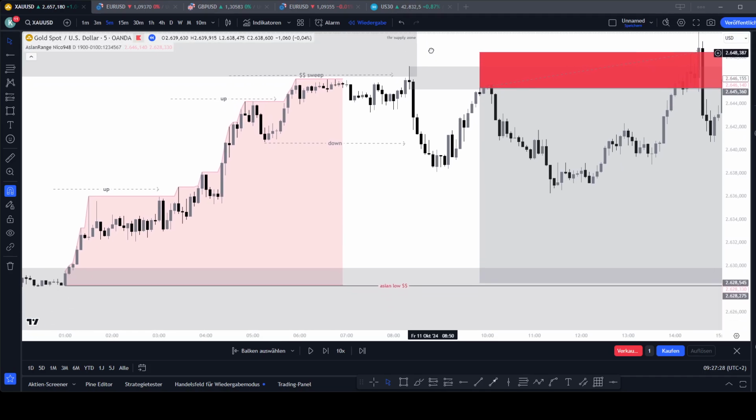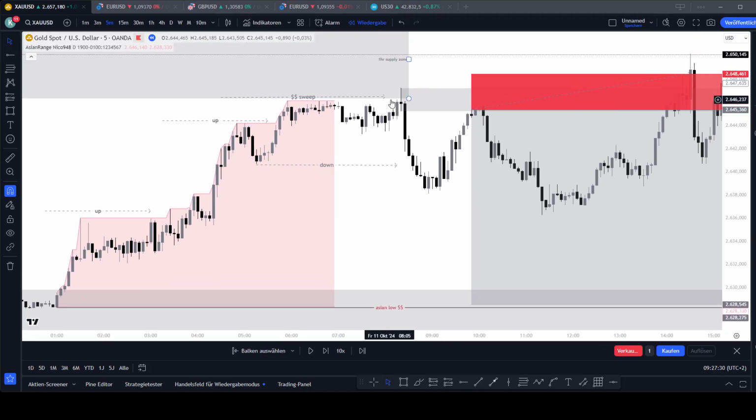And from this 1 hour supply zone, to show there's a reaction, we saw a massive sell off to the downside, providing us with a change of structure, telling us price is now changing structure to the downside, and there's a probability that price might sell because the previous low, which was created by the high, got broken down.